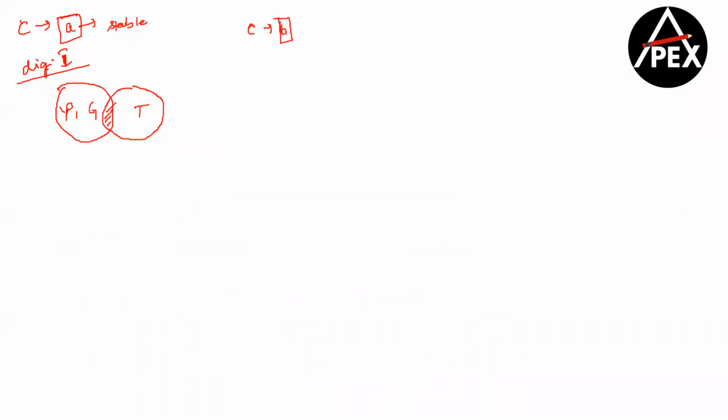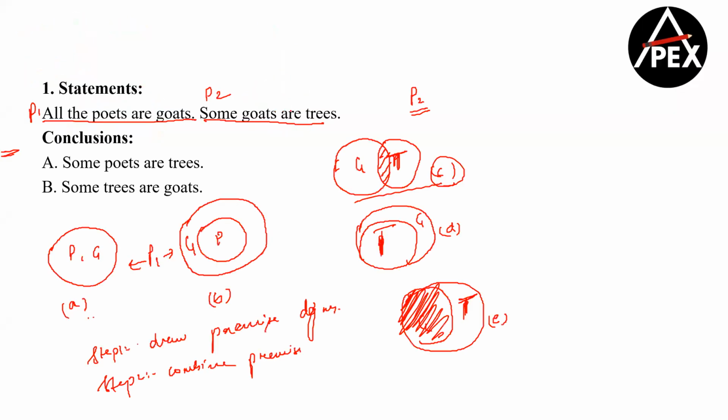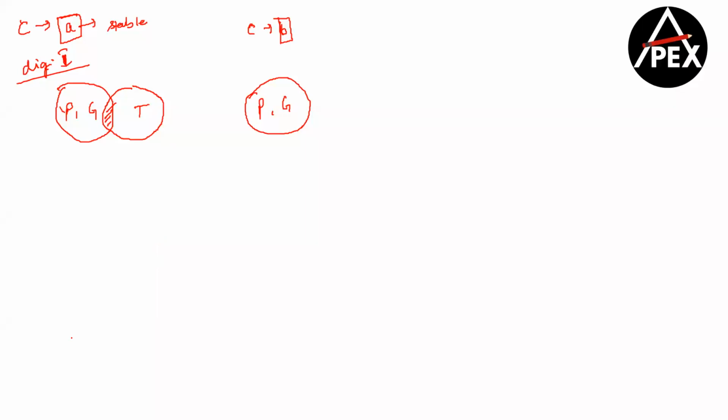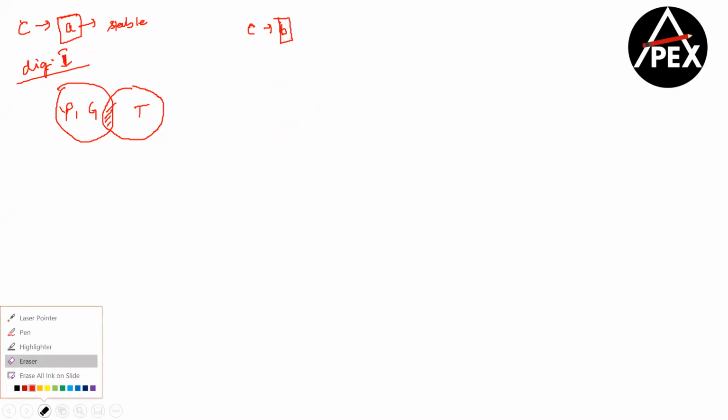Now, let me draw the C diagram first. For me, C diagram is P comma G. Okay, sorry. I have to draw the B diagram first. So B diagram is like this.